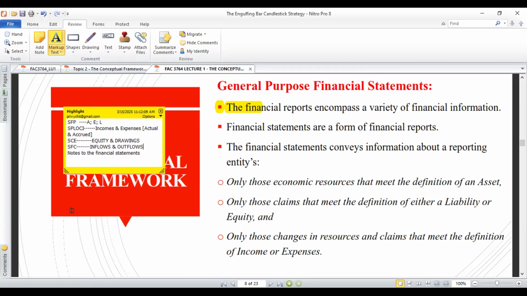But if it's inflow, it can either be inflow as a result of income coming into the business, but also it can be inflow as a result of an asset coming into the business, depending on what nature it came through. So hence here I'm just saying inflows and outflows, but we're not going to talk about this for now in greater detail, right? We're going to focus more on these ones: assets, equity, liability, income, and expenses for now.